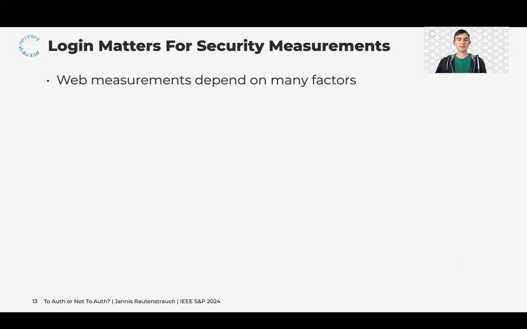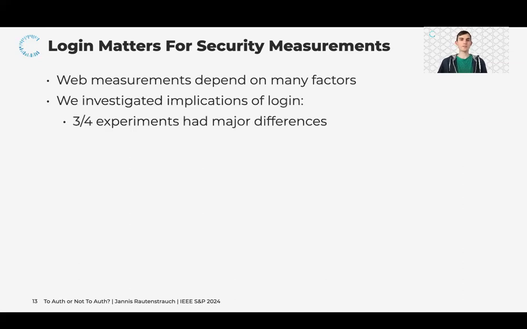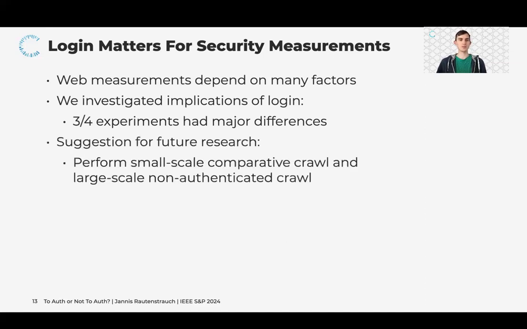In this study, instead, we focused on the overlooked factor of login and saw this also can have a significant impact. In 3 out of 4 experiments, we saw major differences here. However, we do not know how well this transfers to other experiments and other topics. Thus, we have suggestions for future research.